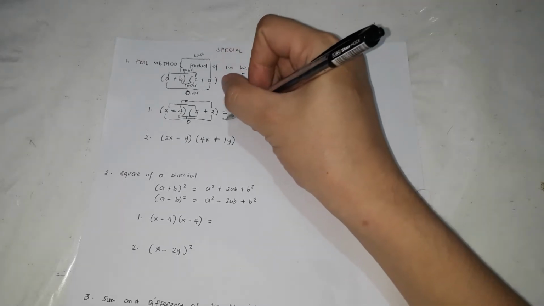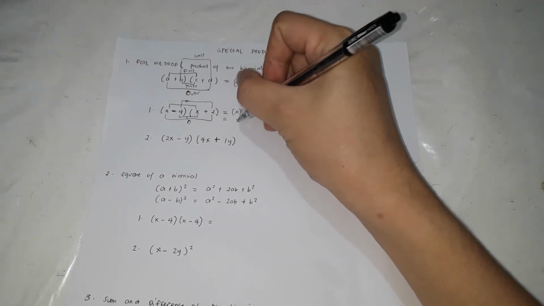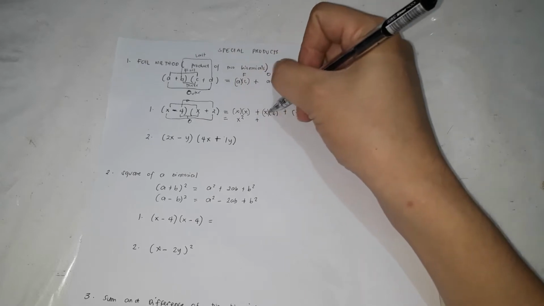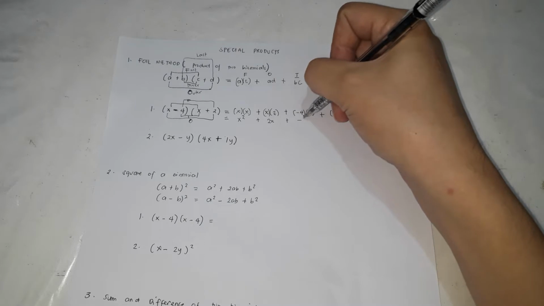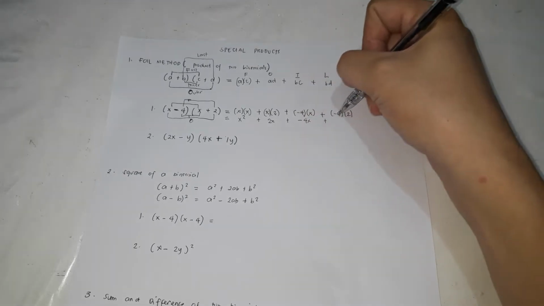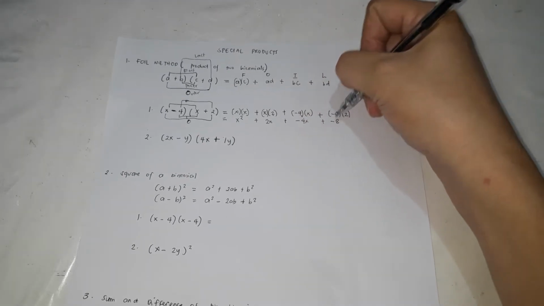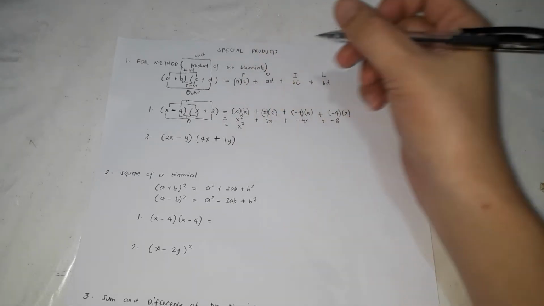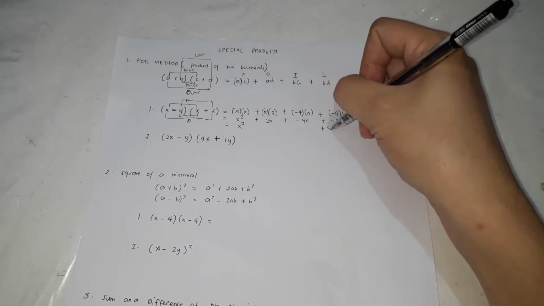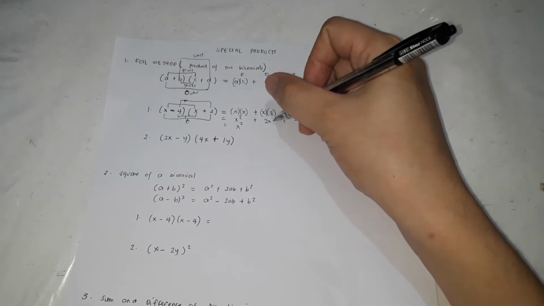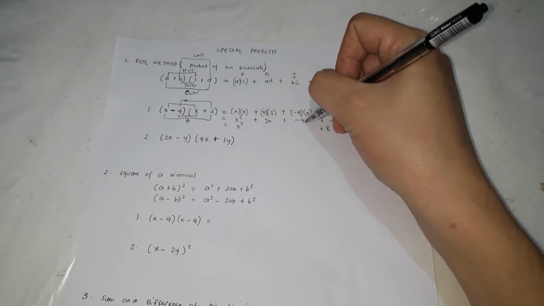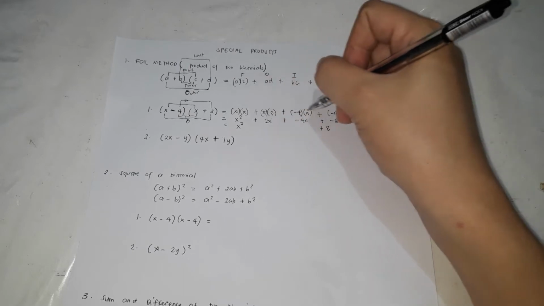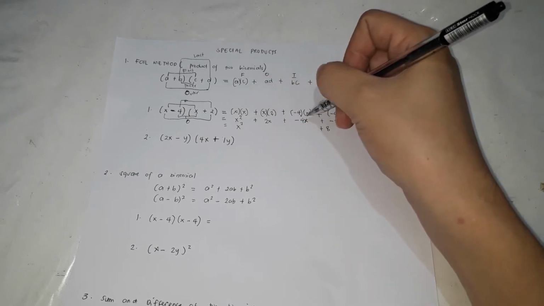Next, what you're going to do is multiply x times x, x squared, plus x times 2, that's 2x, plus negative 4 times x, negative 4x, plus negative 4 times 2, it's negative 8. Combine like terms. Itong magkatulad na terms, usually ito yan sila dalawa, yung nasa gitna. 2x plus negative 4x kasi like terms sila or similar terms kasi magkapareho yung literal coefficient.